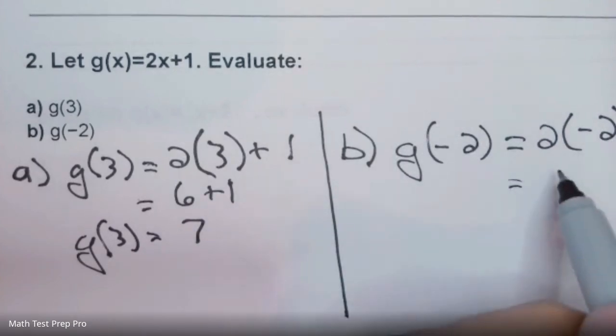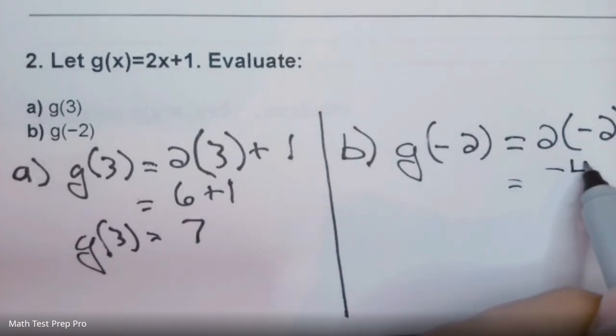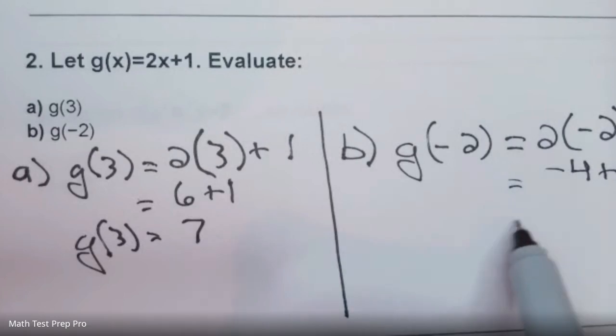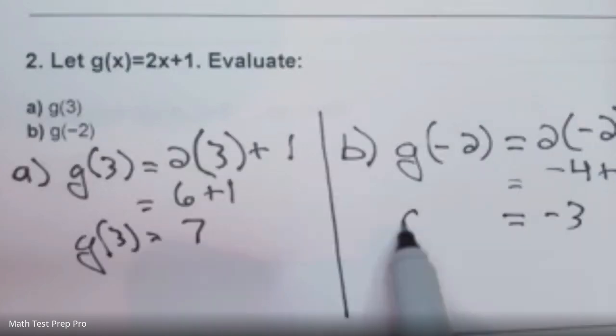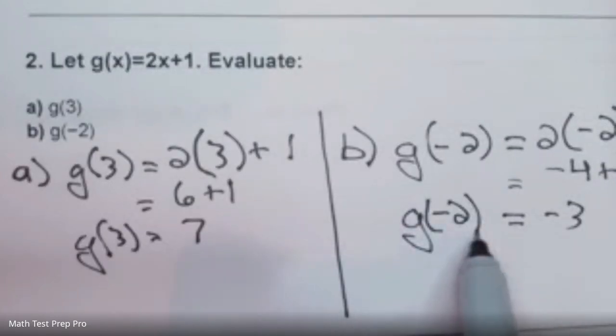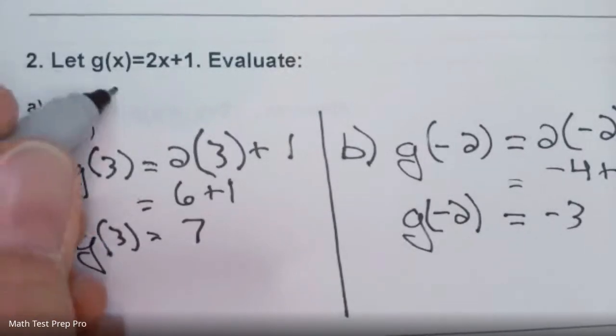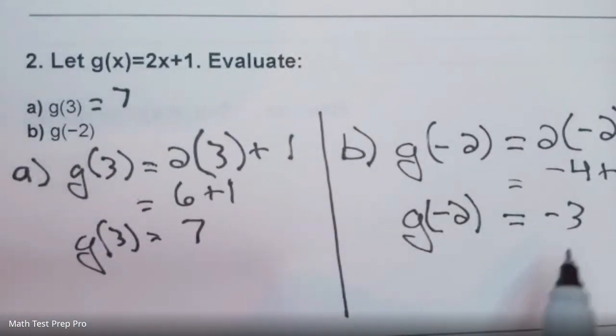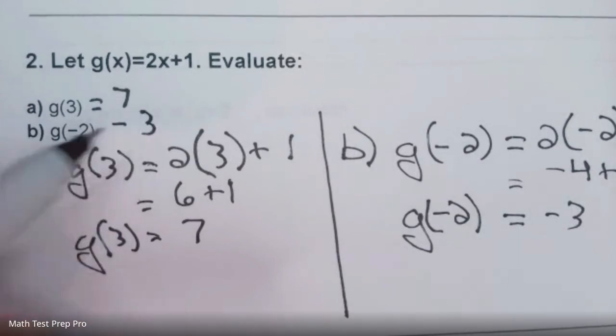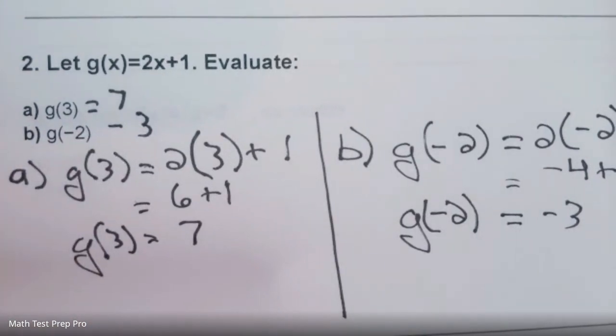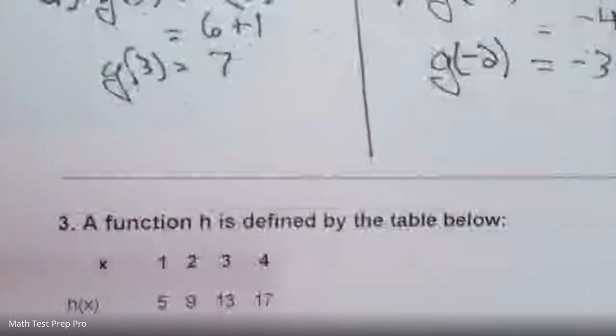Do some math here. So 2 times negative 2 is negative 4 plus 1, which equals negative 3. So g of negative 2 equals negative 3. So we're going to come back here, write the answers. g of 3 is 7. g of negative 2 is negative 3. Okay. Easy peasy, right? All right, let's go on to the next problem.